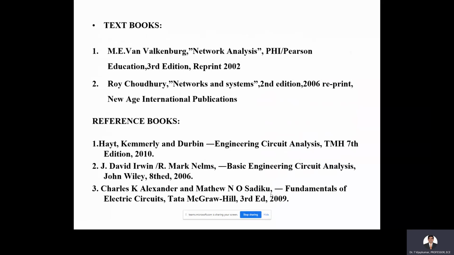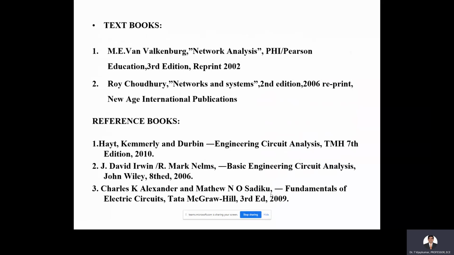Along with these, you can refer to reference books like Hayt, Kemmerly and Durbin, titled Engineering Circuit Analysis. Another one is J. David Irwin or Mark Nelms, titled Basic Engineering Circuit Analysis. And one more is Charles K. Alexander and Matthew N. Sadiku, Fundamentals of Electric Circuits, published by Tata McGraw Hill.